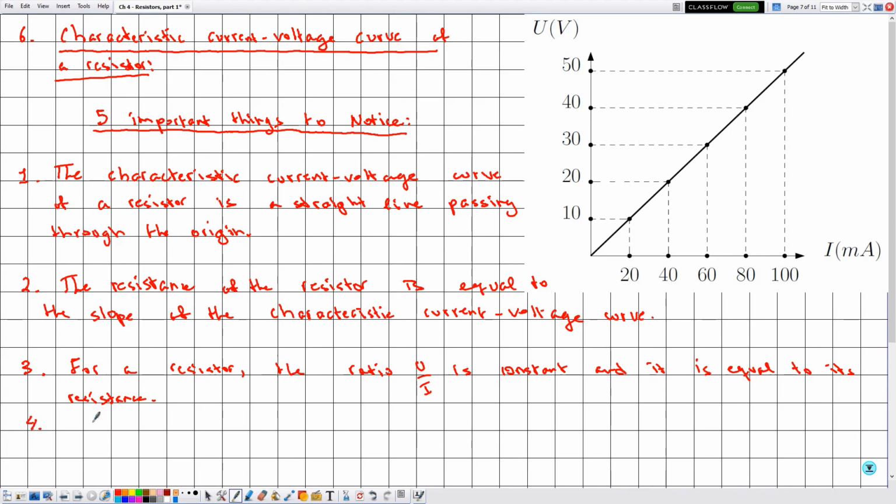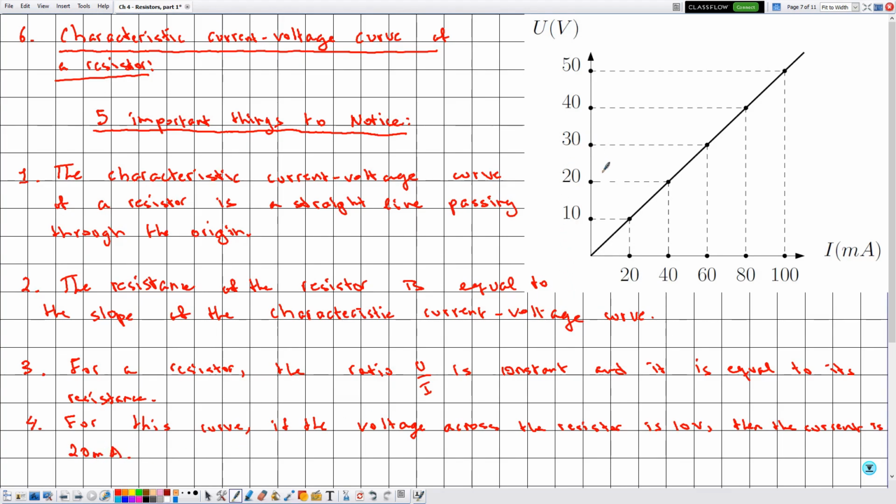Now idea number 4, for this curve, if the voltage across the resistor is 10 volts, then the current is 20 milliamps.